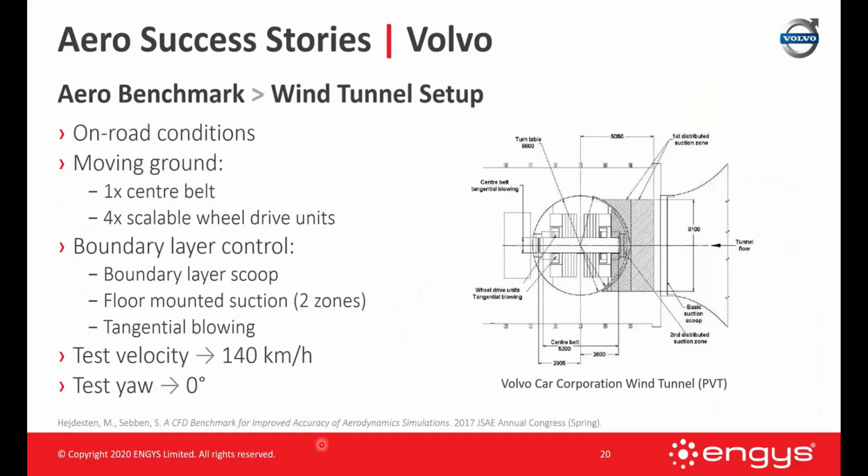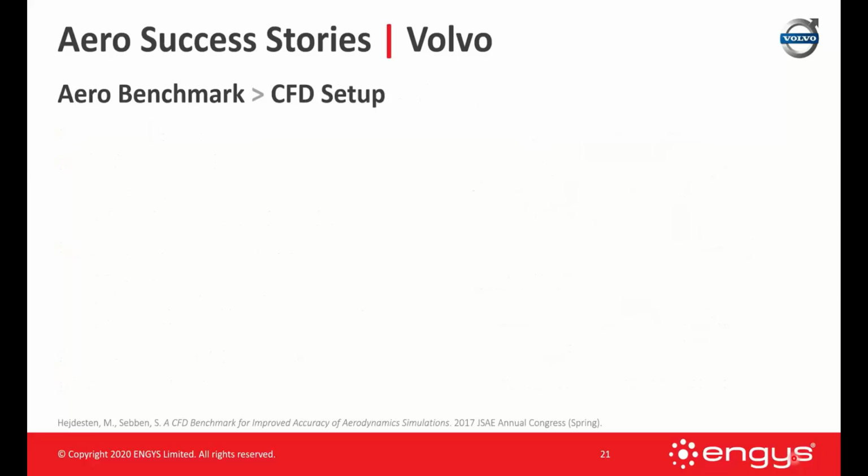In terms of the wind tunnel setup, this was the Volvo Corporation wind tunnel, so PVT, on-road conditions, moving ground, there's boundary layer control. The test velocity was 140 kilometers per hour at 0 degrees yaw.